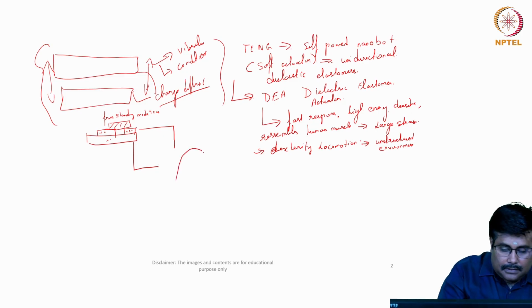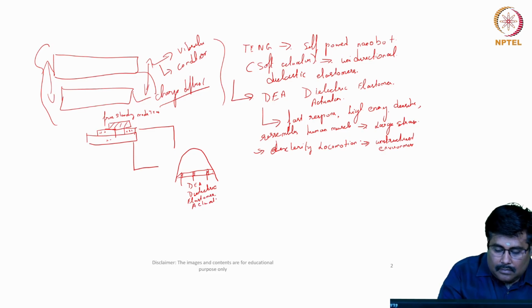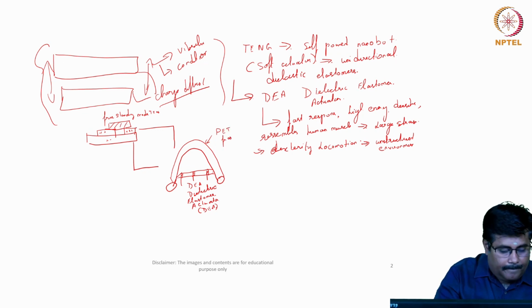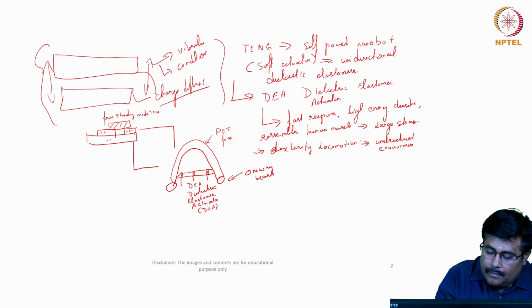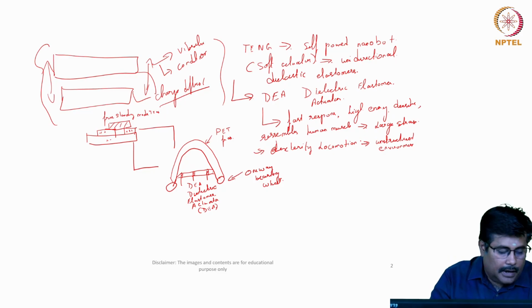The structure looks something like this, where there are dielectric elastomers, and this is a PET frame, and this is a one-way bearing wheel. So this is a soft robotic structure.